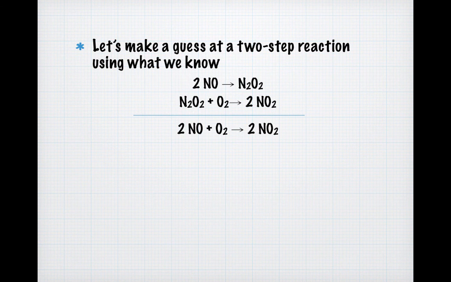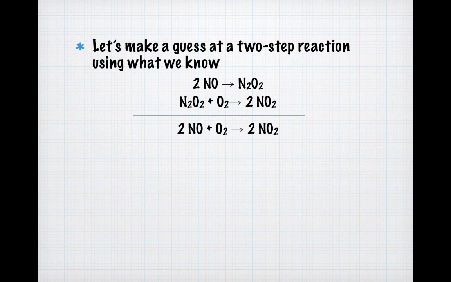So let's just take a guess at a two-step mechanism, and we'll use what we know. The only thing that we really know is that we have N2O2 serving as a reaction intermediate here. So we're going to have 2 of our reactant molecules, our 2 NO molecules.